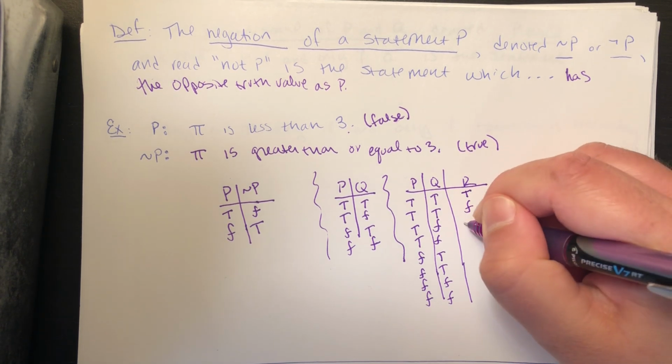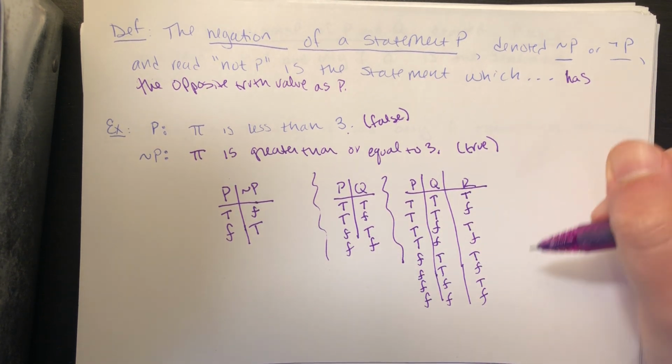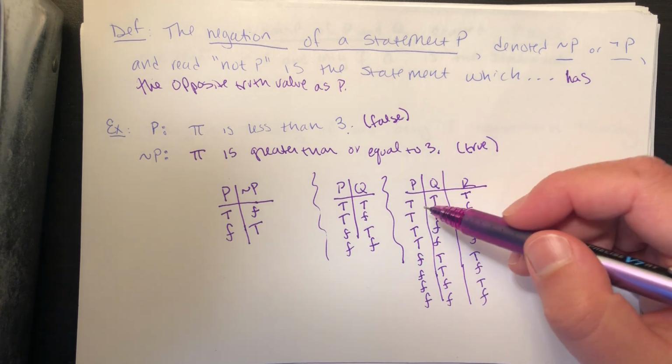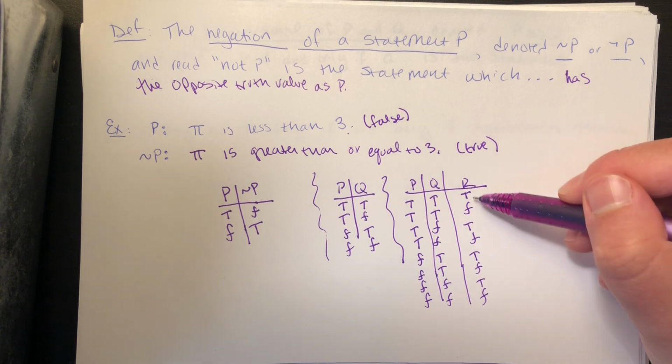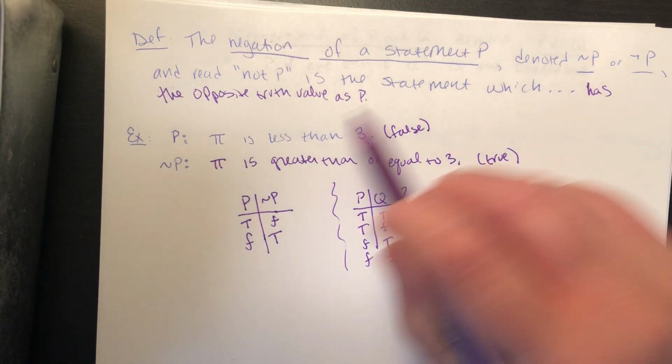True, false, true, false, true, false, true, false. It's just something to be aware of. If you want to make sure that you actually list out all the different possible combinations, this is the standard way to do it. You start off with 4 T's and 4 F's, then you alternate 2 T's and 2 F's, and then you alternate T's and F's every time. Okay, so this covers negations.